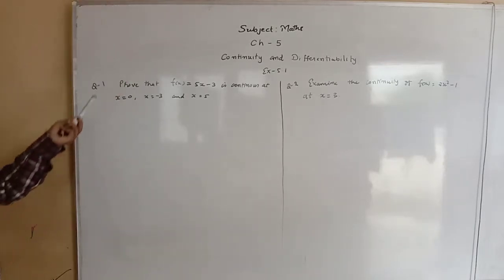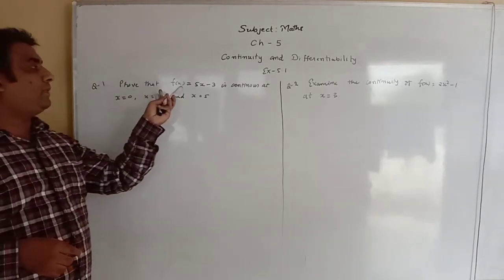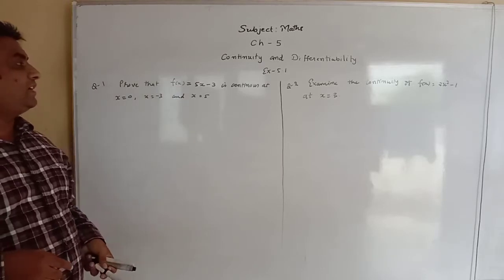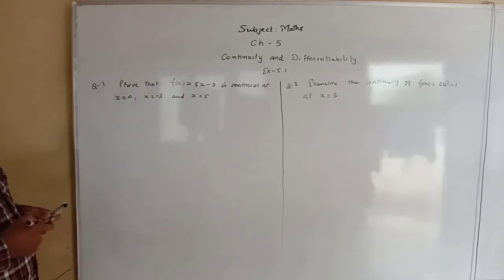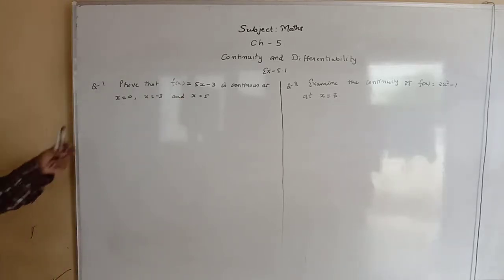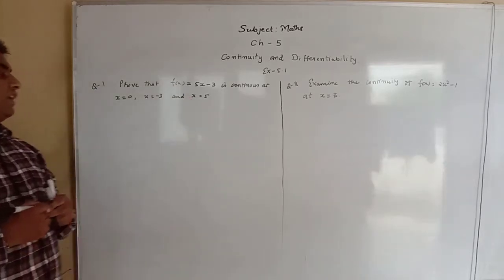So question 1 is: prove that f(x) = 5x minus 3 is continuous at x = 0, x = minus 3, and x = 5.